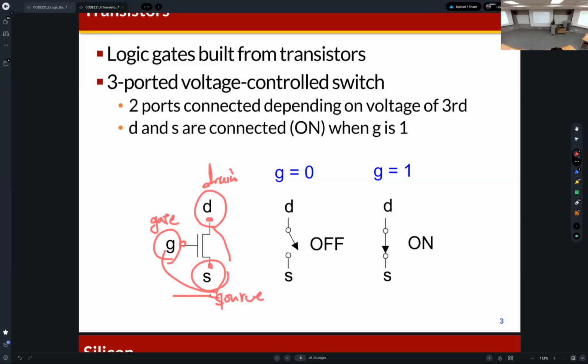Based on the gate voltage level, we can turn this transistor on or off, so the drain can be connected with or disconnected from the source based on the voltage level provided to the gate. You can understand this property.